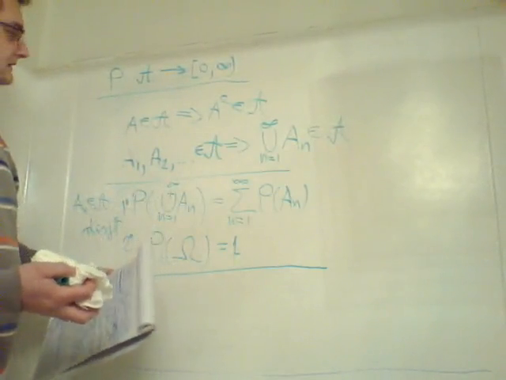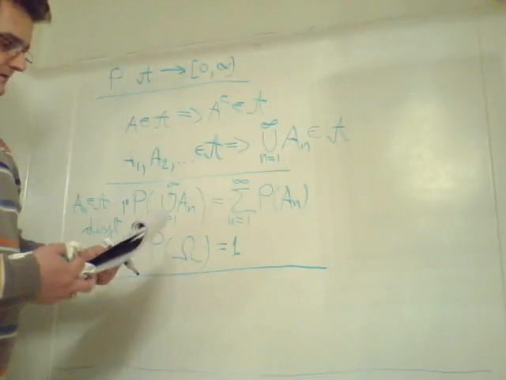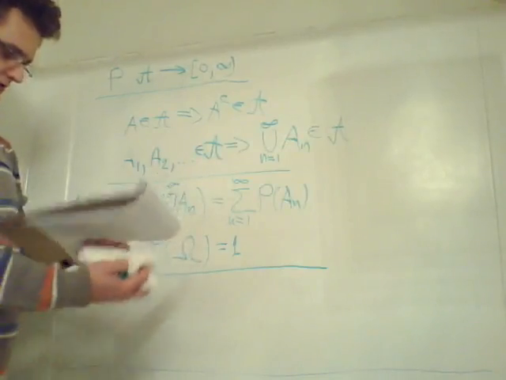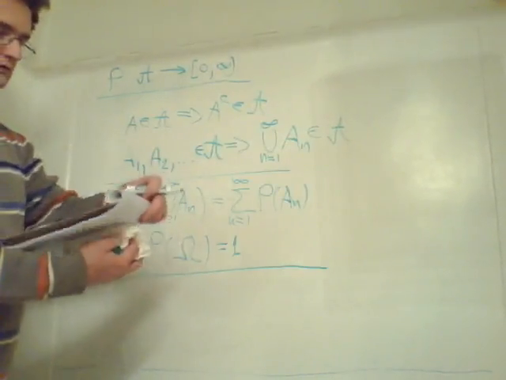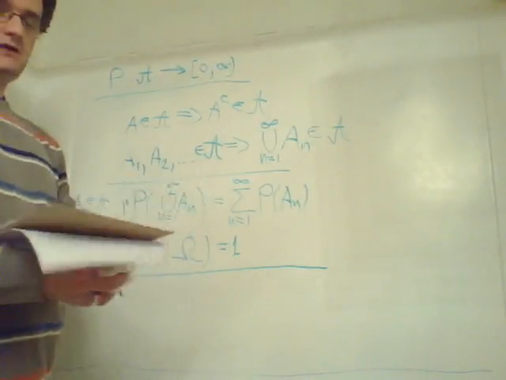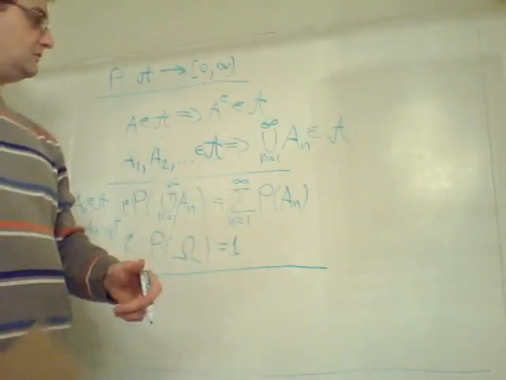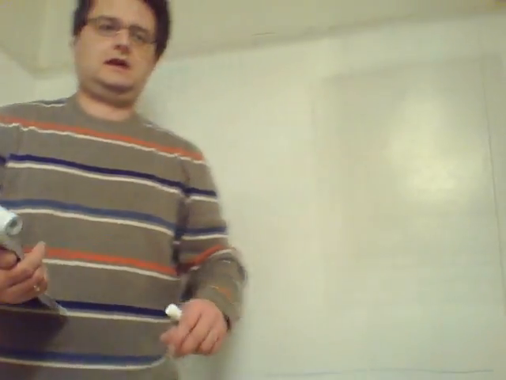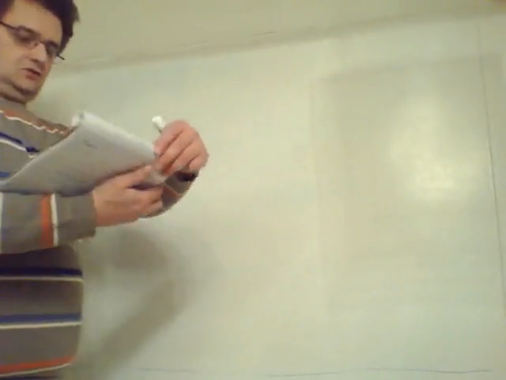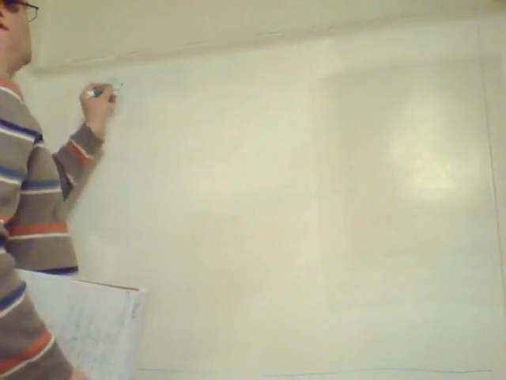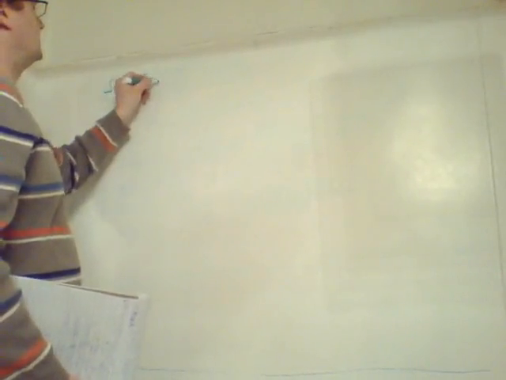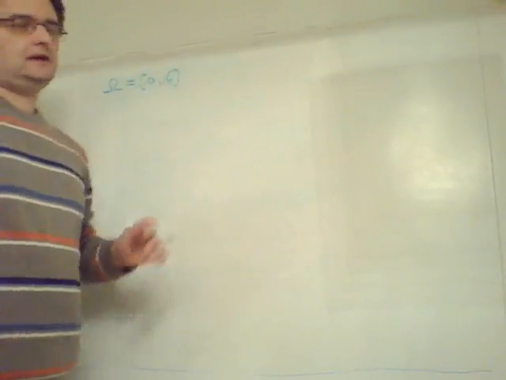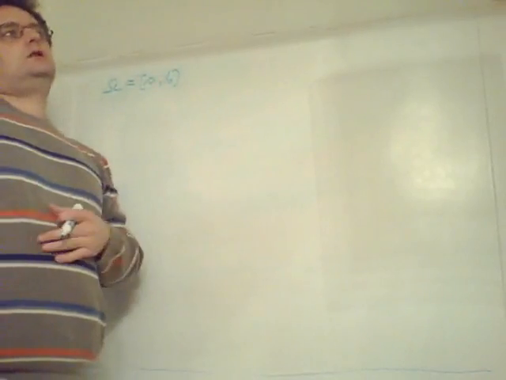And there are also a couple other things that we discussed, which I would also like to mention here. So let me first erase the board. Okay, so we continue. We also had the uniform distribution on some interval. So if omega is some interval AB on the real line, what do we mean by uniform distribution?